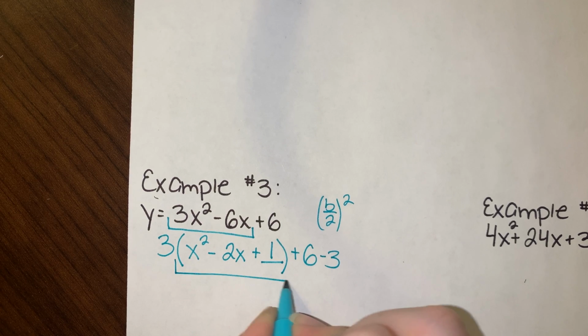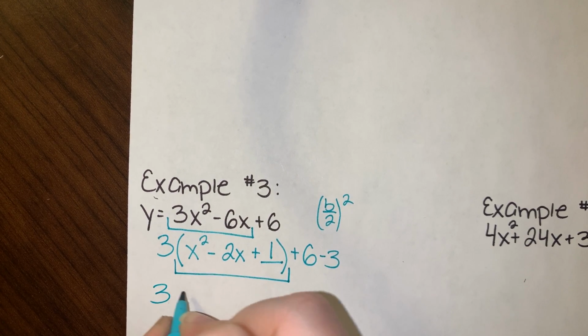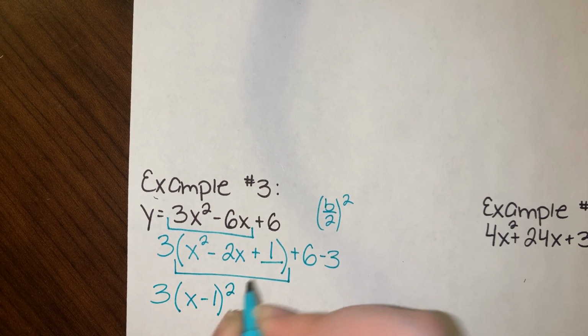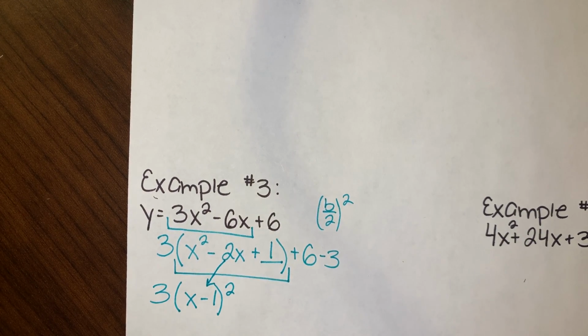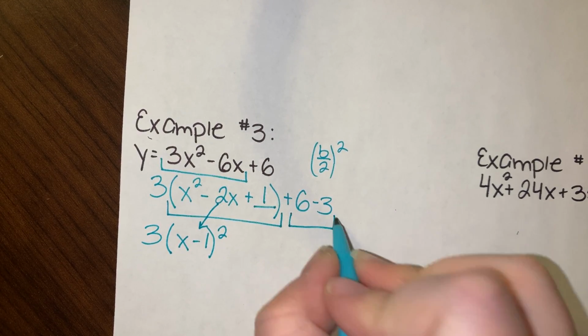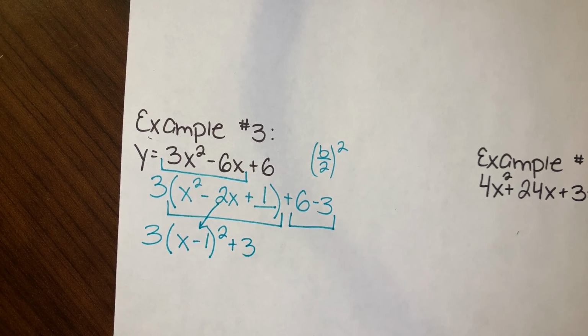Now I can rewrite this portion as a perfect square. So I have 3 times x minus 1 squared. Again, b divided by 2 is the number that goes inside the parentheses. And then 6 minus 3 is a positive 3.